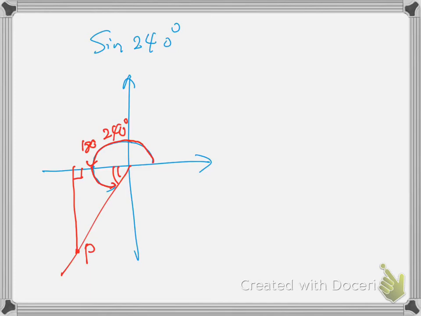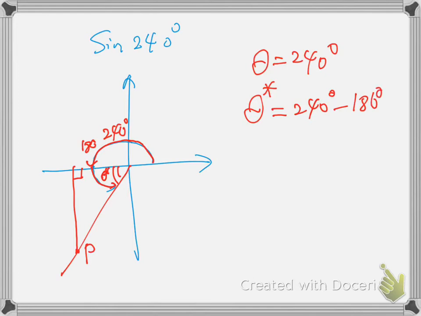This actual rotation is called the reference angle. So theta is 240. By drawing the picture, we know the reference angle is 240 minus the half circle, so it is 60. So this angle is 60 and this one is 30. It's a 30-60 right triangle.